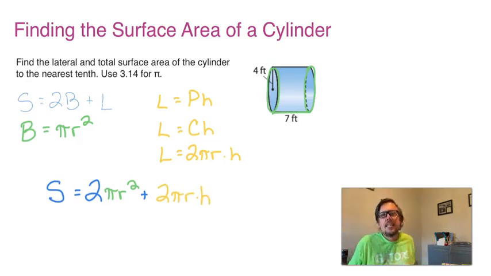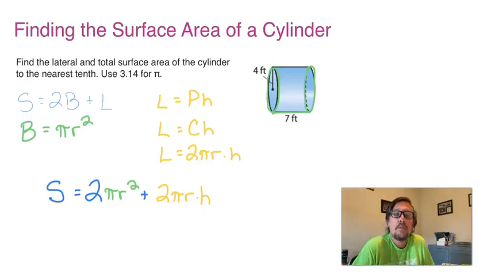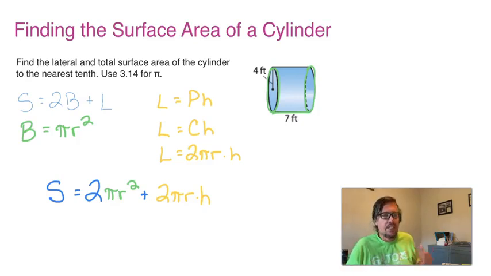And this is the formula that we're going to use to find the surface area of a cylinder. So it is exactly like the formula that we used for finding the surface area of prisms, except because our bases are now circles, we're using pi r squared for the area and 2 pi r for the perimeter.